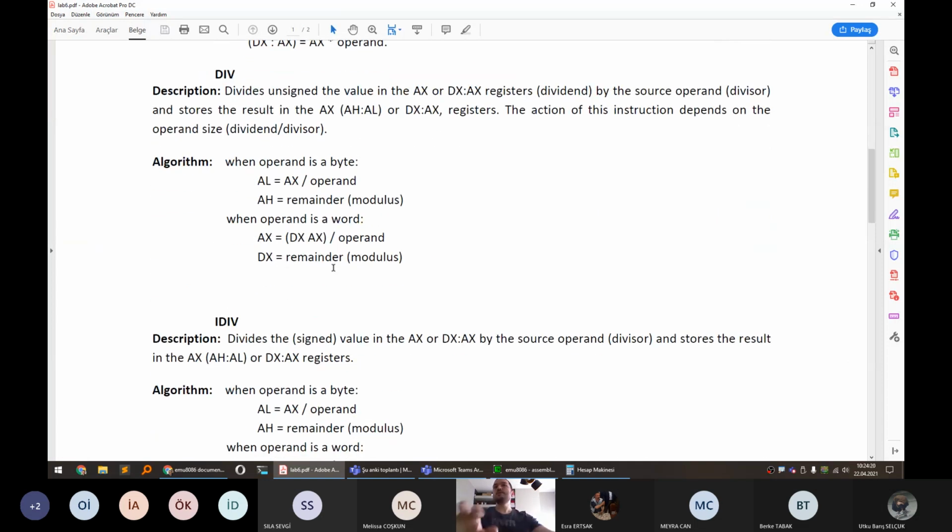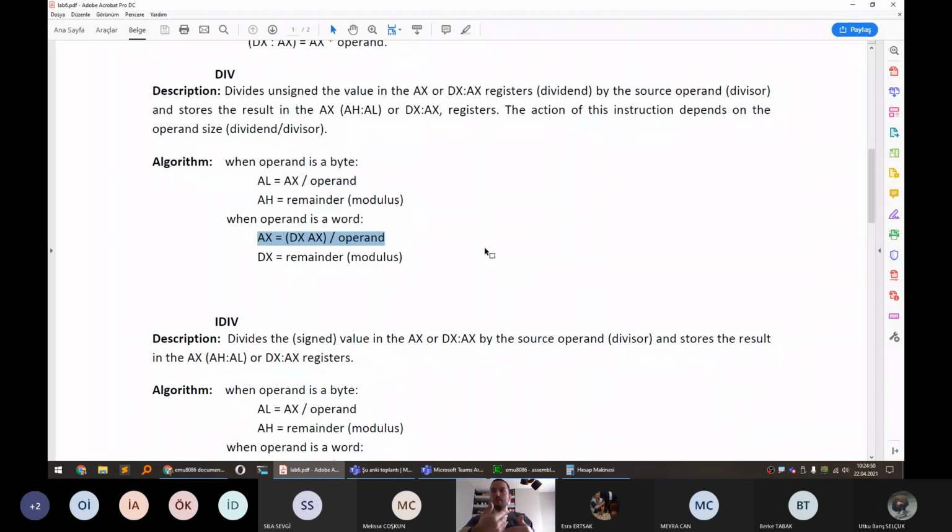Divides the unsigned value in the AX or DX-AX register by the source operand and stores the result into AX or DX-AX registers. The action of this instruction depends on the operand size. It's actually the same. If the operand size is byte, the algorithm is like this. If the operand size is word, the algorithm is like this.